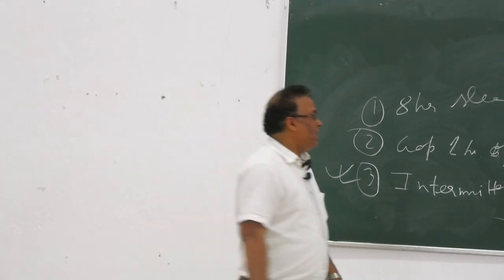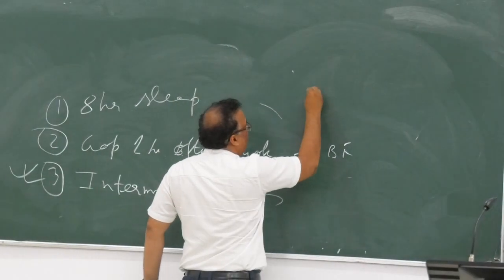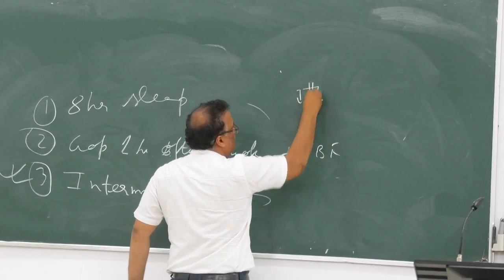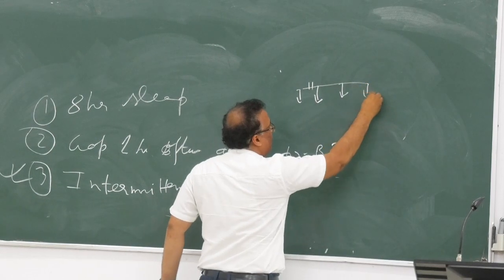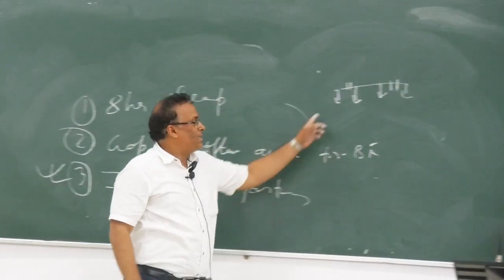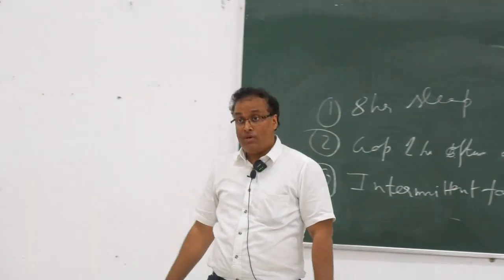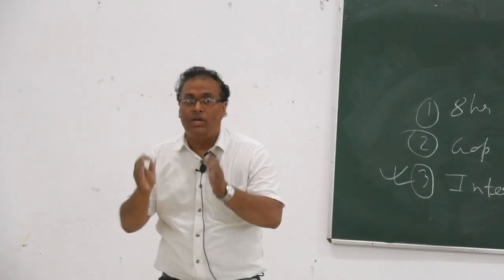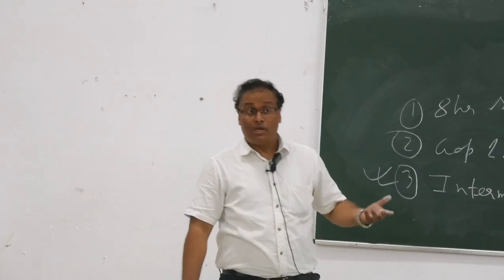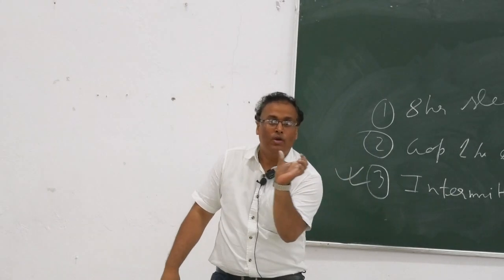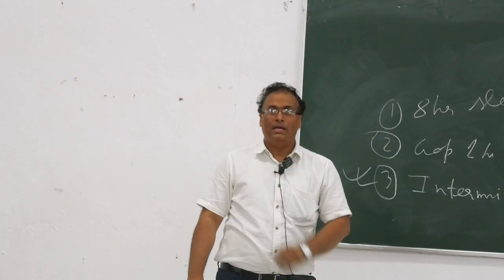No, what do we do? We have breakfast here, lunch here, before that two snacks, then my tiffin, then a dinner, and in between again two snacks. So we are taking at least six timings, gradually decrease 4, 3, 2, then 1. So intermittent fasting means fasting hours will be increasing day by day.